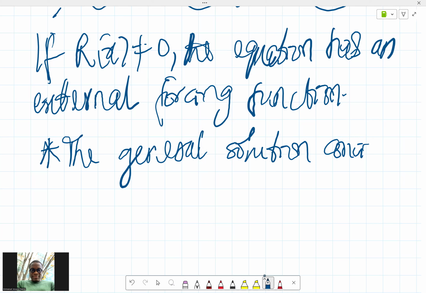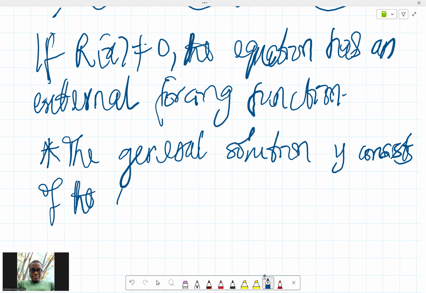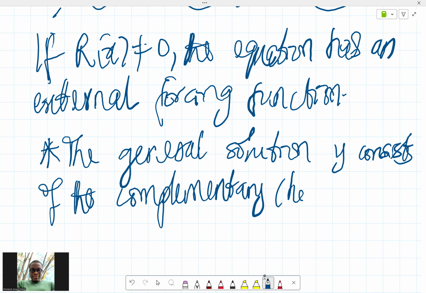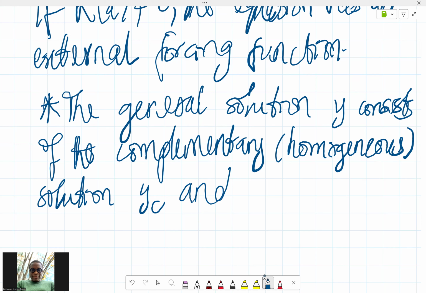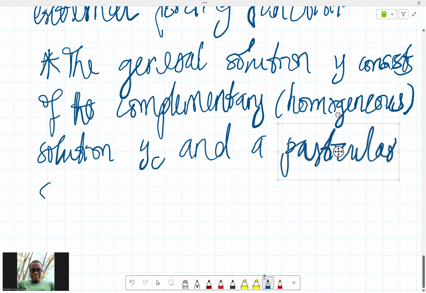The general solution y consists of the complementary or the homogeneous solution, which we can call y sub c, and a particular solution, y sub p.